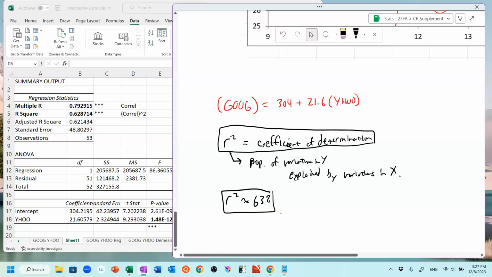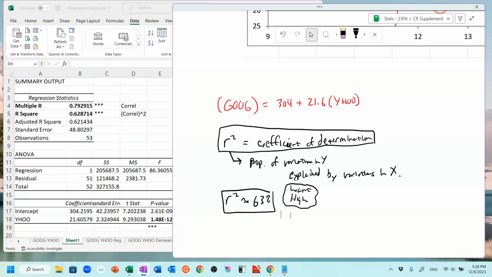So having a high R squared is good. So we want this to be high, right? If I have a model where one variable only explains 1% of what's going on in the other variable, that's not a very useful model. Now, what's high enough that I'm happy with it? Well, that's probably going to be dependent on context and what field I'm working in and the complexity of the problem and so on, right?